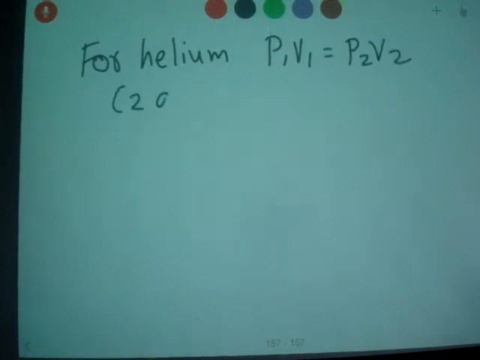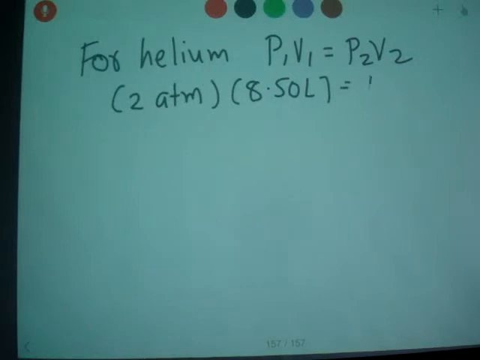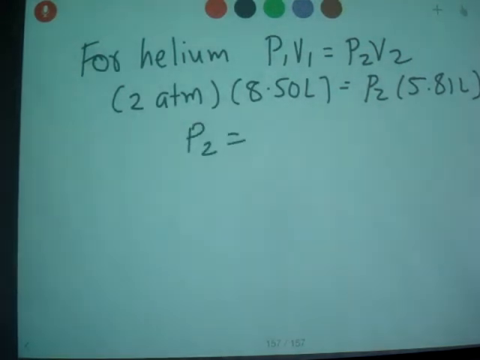We have 2 atmosphere and 8.50 liter. P2 we need to find, and we have 5.81 liter, that's the volume of the tank. When you rearrange and calculate, you get 2.93 atmosphere.